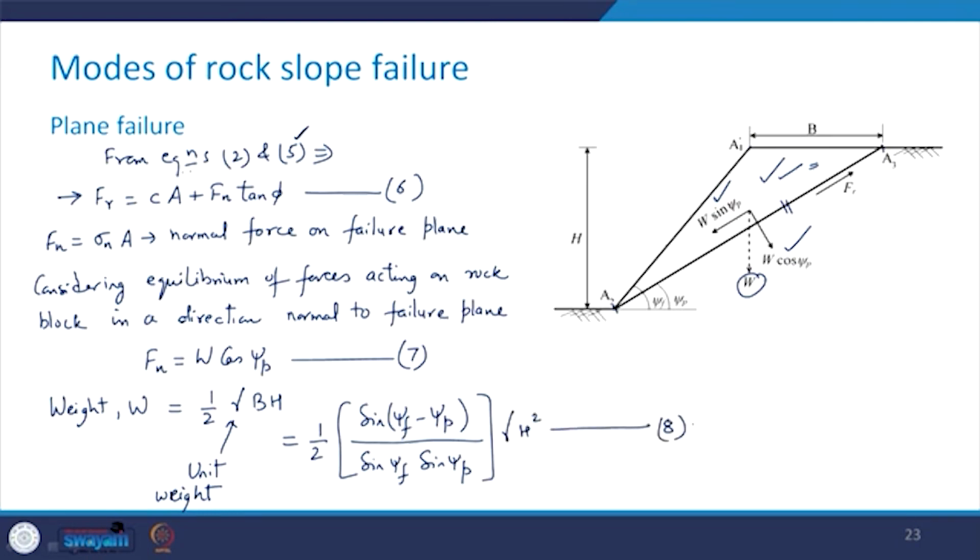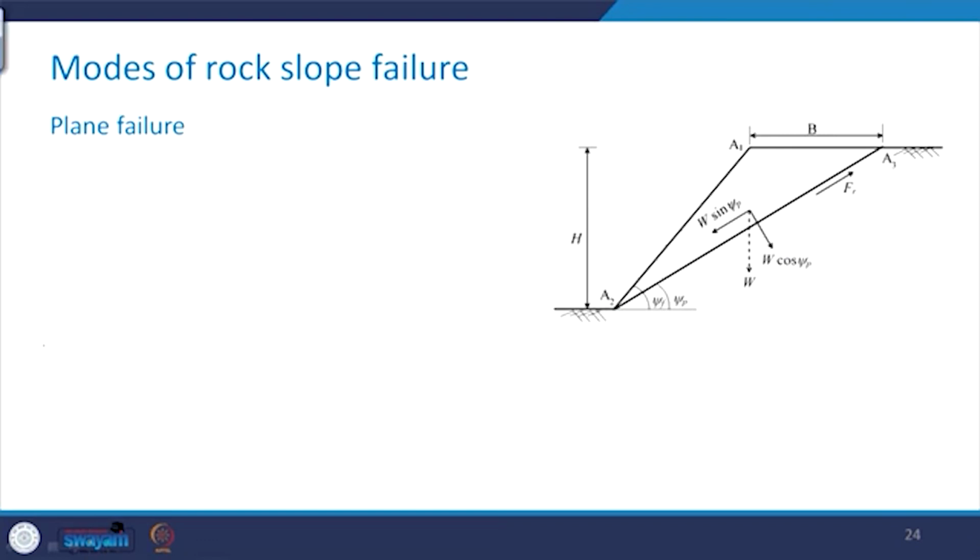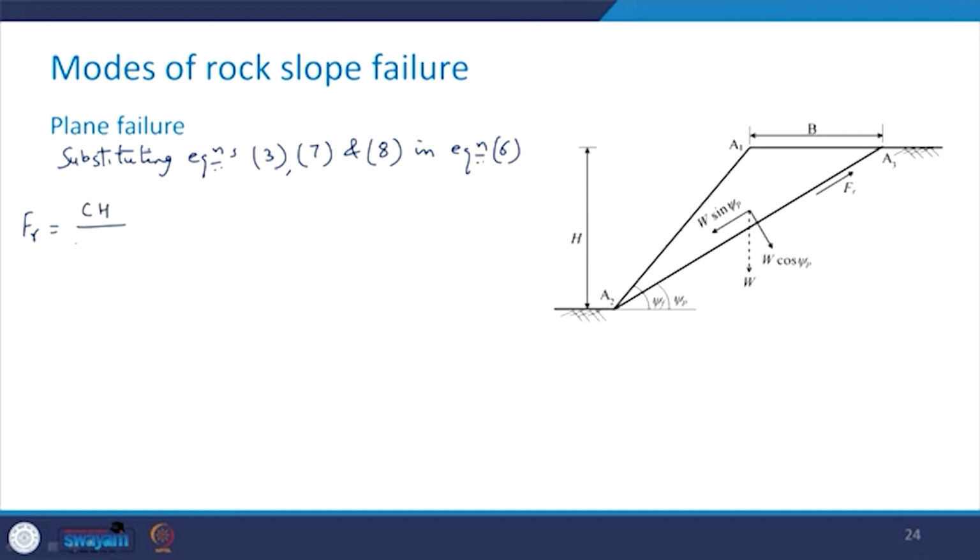This is equation number 8. Now, we carry out the further analysis and we substitute equations 3, 7 and 8 in equation number 6. This is what we are going to get: Fr equal to c h upon sine of psi p plus half, substitute the expression for W here.